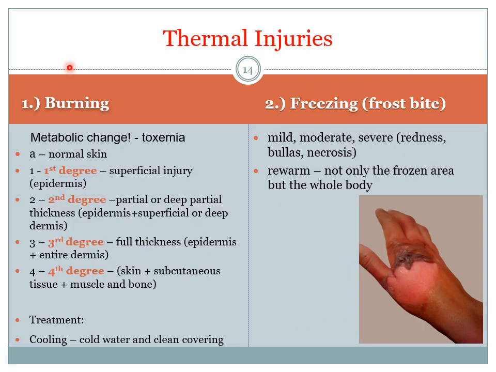These are called burns and frostbites. Burns are exposure to excessive heat, and this may induce toxemia in the body if the burn was very extensive. They are classified into 4 degrees.